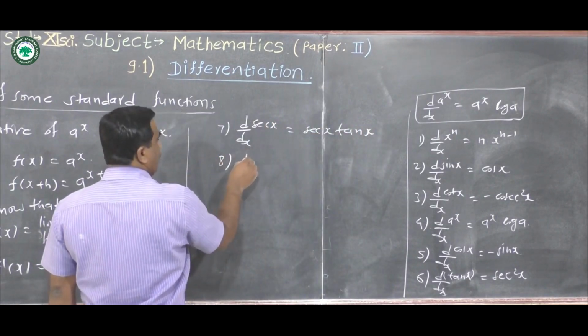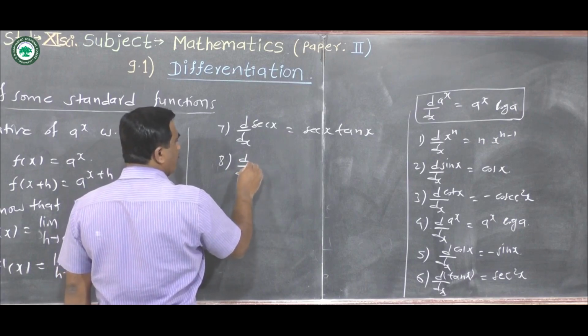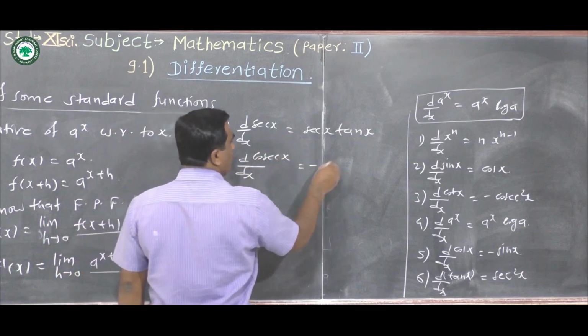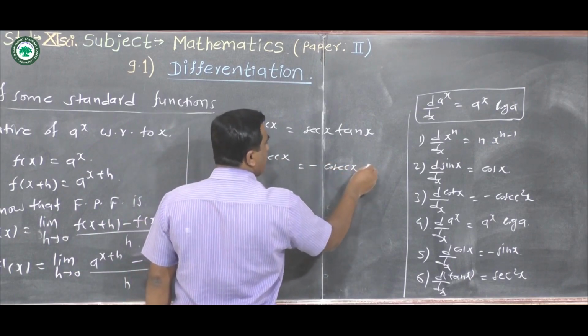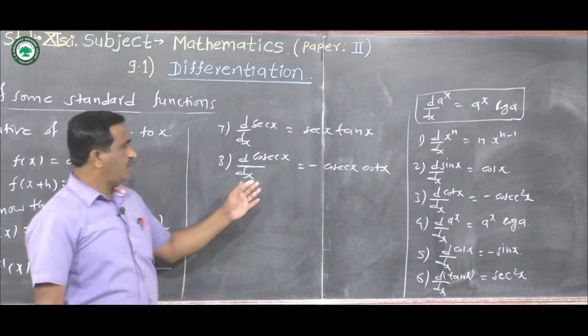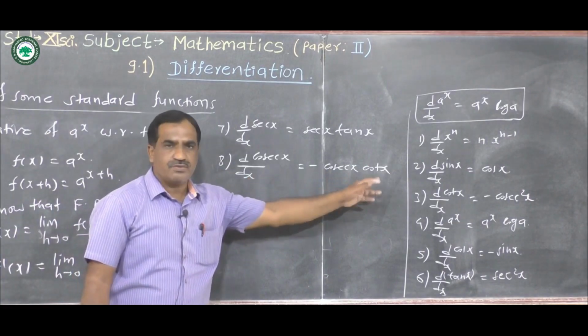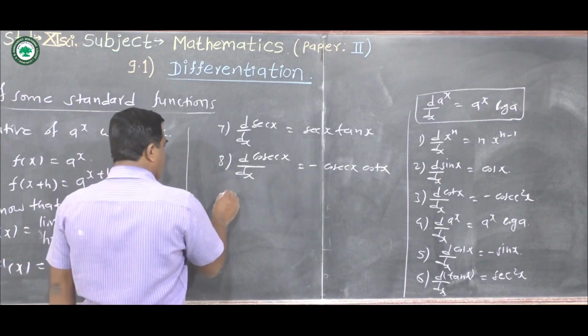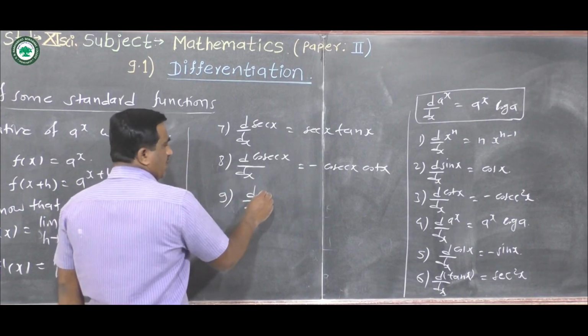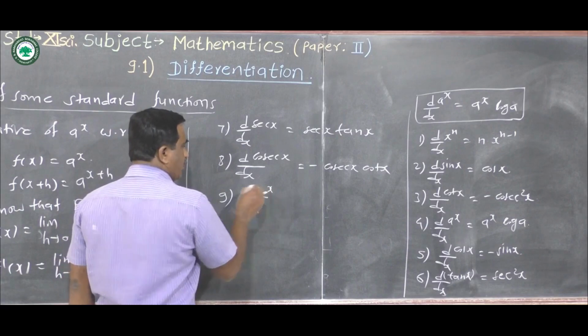Number 8 formula, dy dx of cosec x is equal to minus cosec x into cot x. Derivative of cosec x with respect to x is minus cosec x into cot x. Now further, number 9, the exponential function e raised to x.